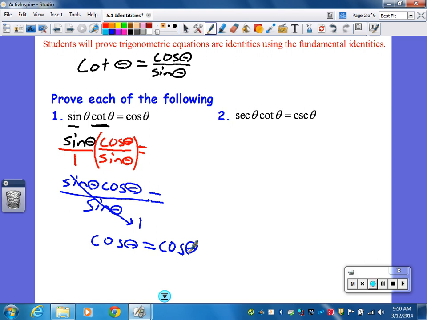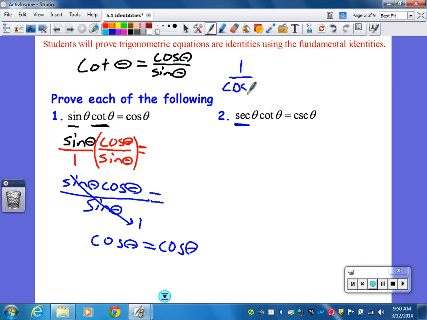Okay, now we're looking at secant and cotangent, or cosecant. Well, I have more with secant and cotangent, so I'm going to work with that side. What is secant? Well, secant is 1 over cosine theta. That's a great looking cosine. I'm glad I wrote it like that. That way everybody's like, what was that?